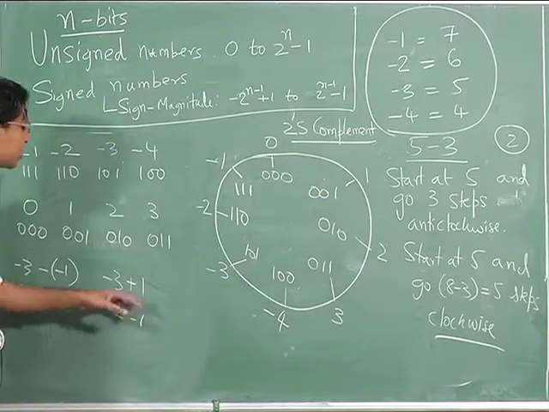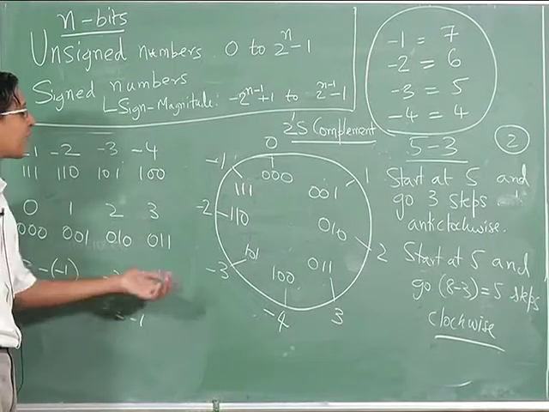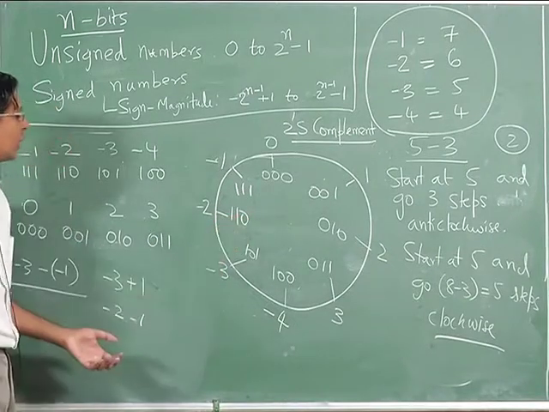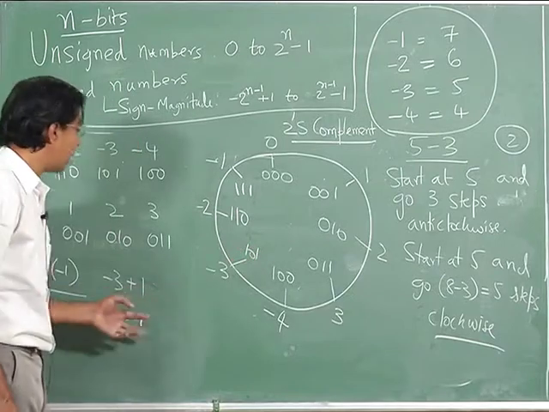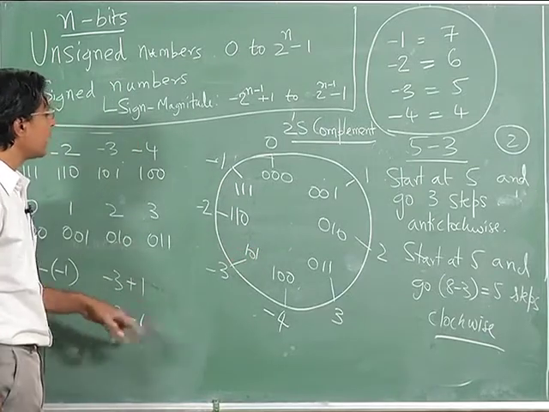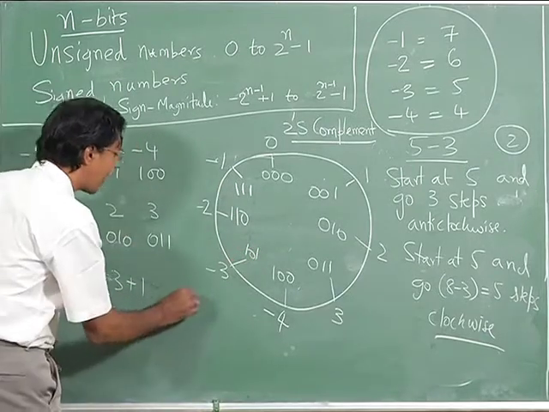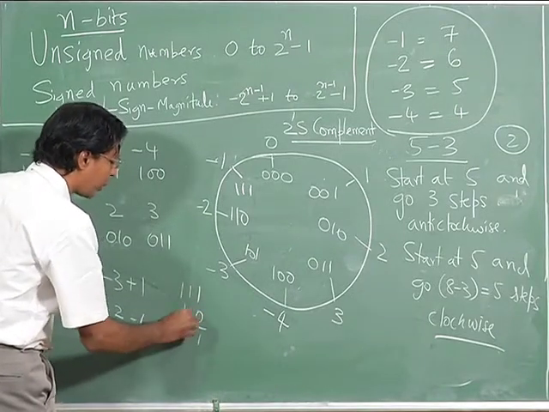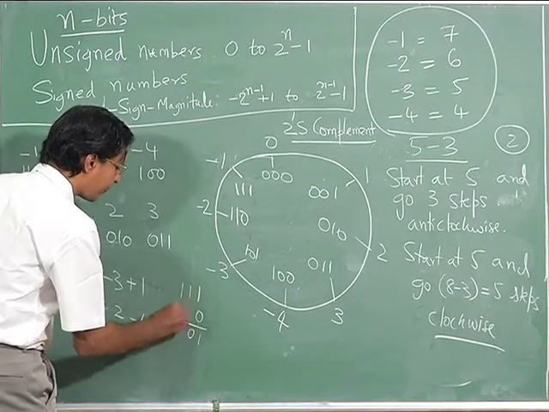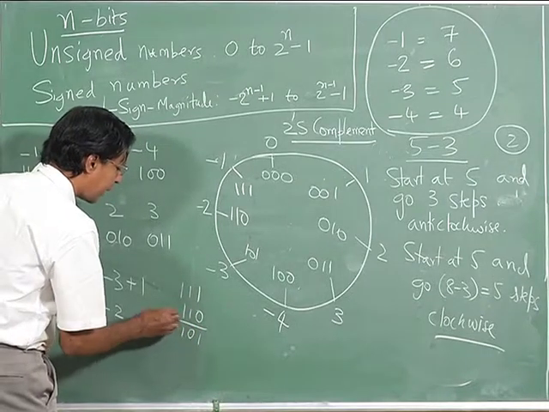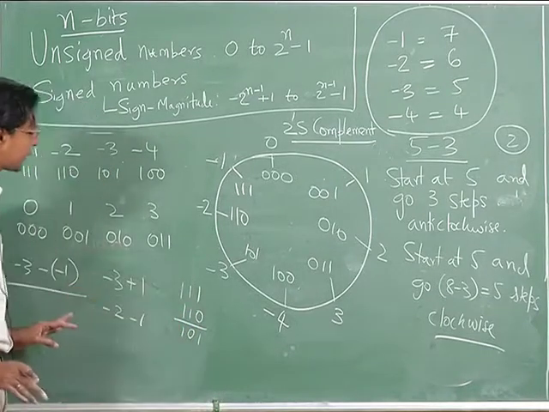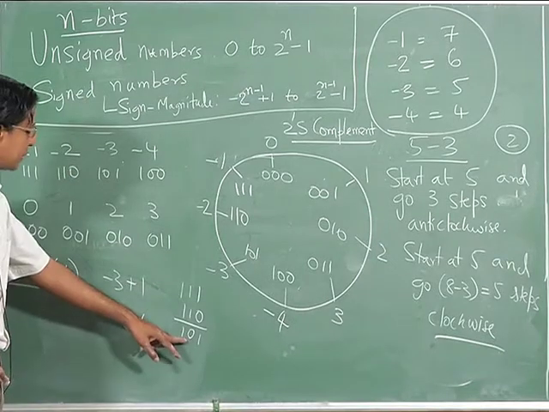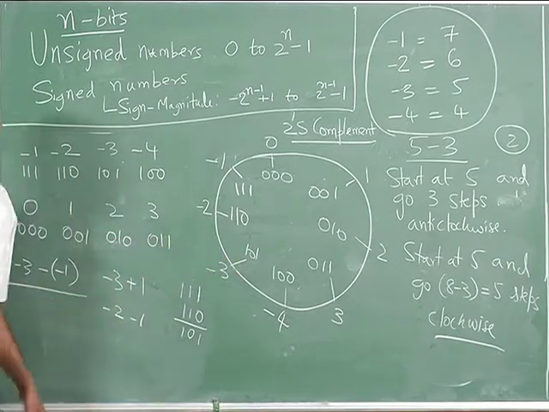So even minus 2 minus 1, you just take the representation of 110 and the representation of minus 1, which is 111, and then just add it. So if I add this 111 with 110, I get 1 plus 0 is 1, 1 is 0, and I get, just ignore the next digit, so I get 101, which is nothing but minus 3.